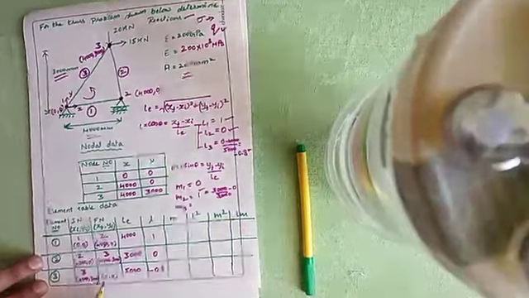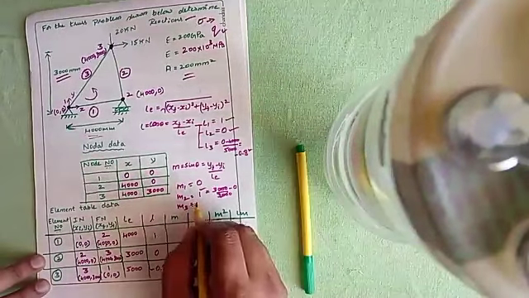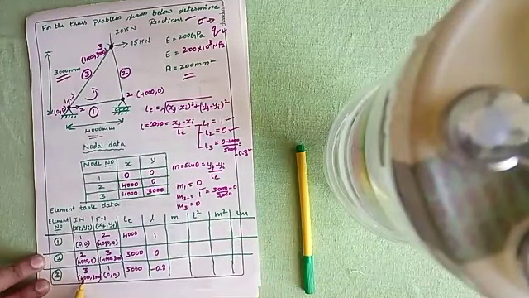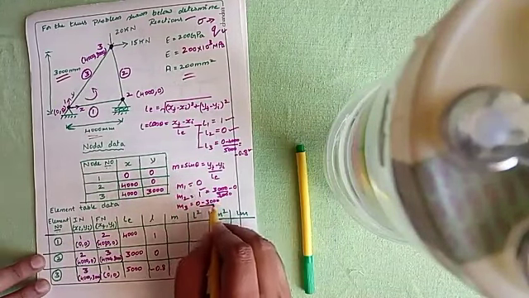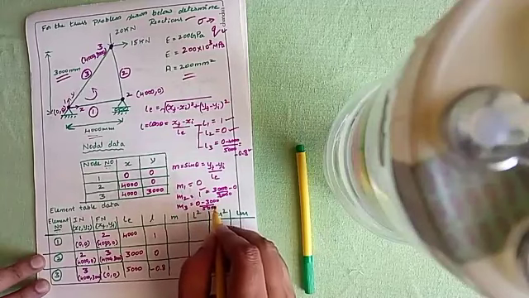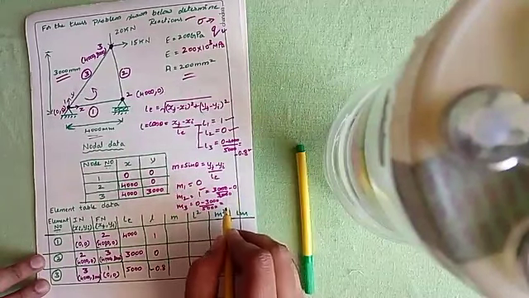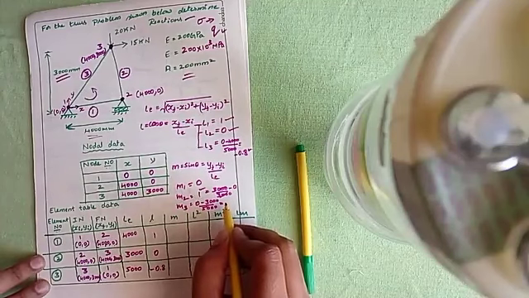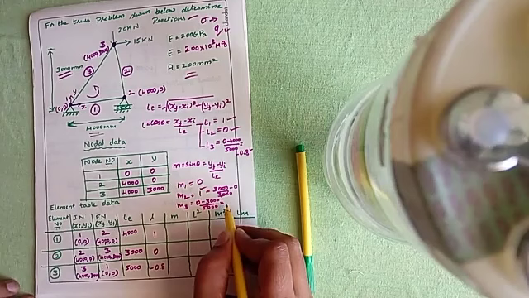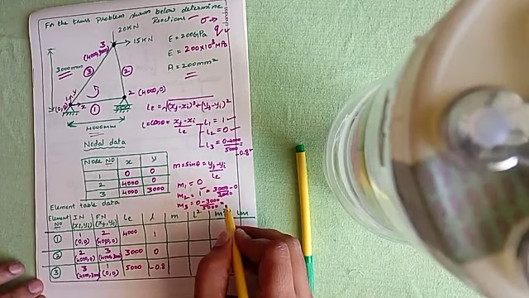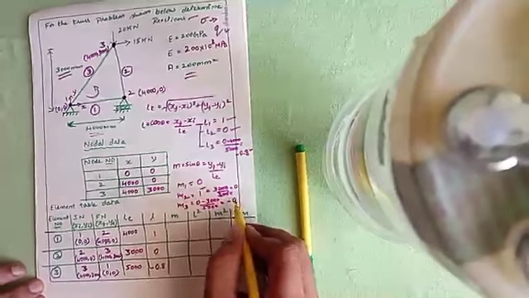Now come to your m3. Be careful. See, this is your yf. Yf is how much? 0. Sorry, yi is how much? 3000. So 0 minus 3000, all divided by the length of the element, which is 5000. If you do the simplification, you're going to get minus 0.6.